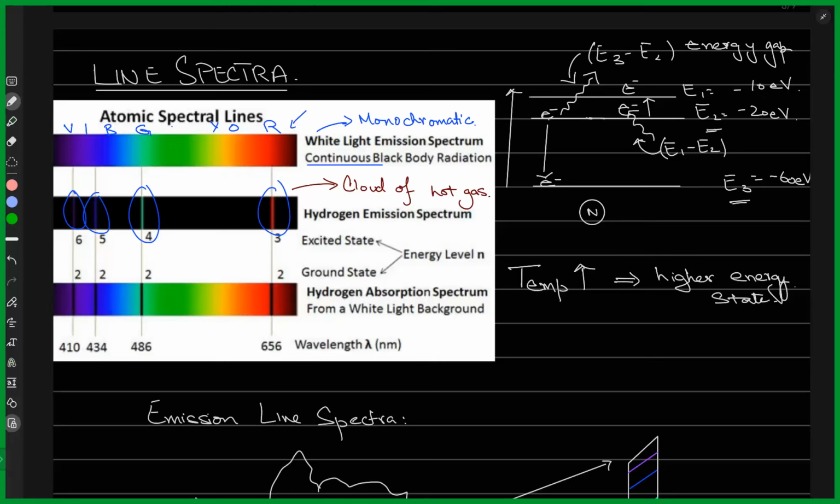It is then barely visible, which is again responsible for these dark spots or dark lines on the screen for an absorption spectra.